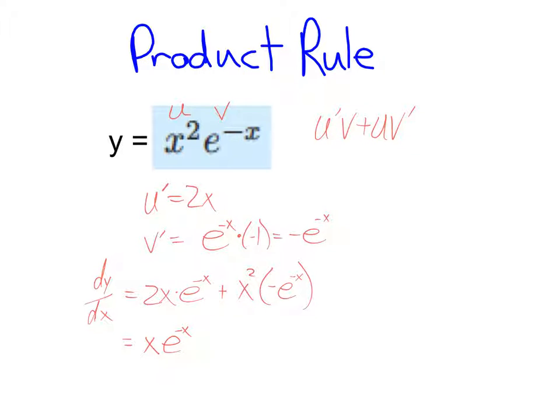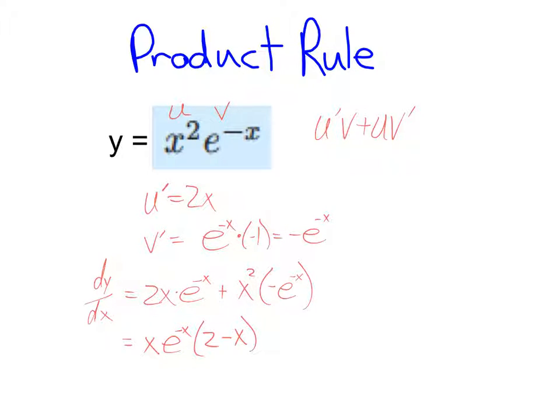If you look at what's left over, we have a 2, and we have the negative, and we have the other x. So 2 minus x is left over. That's not too bad.